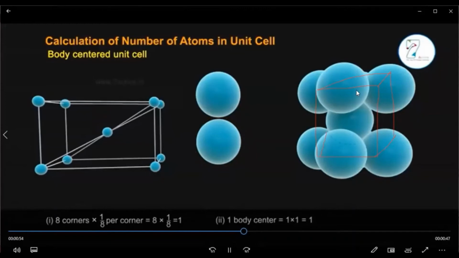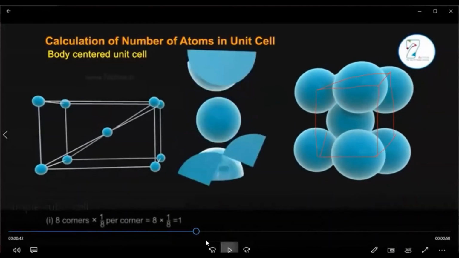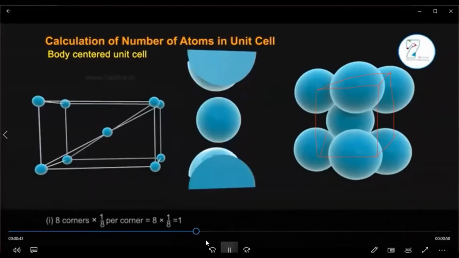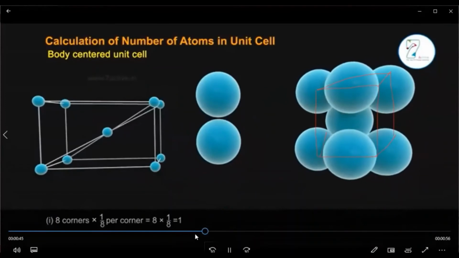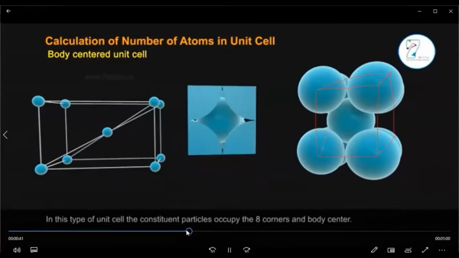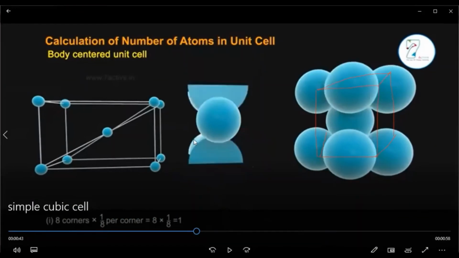And then this one, right? So in the corners there was one complete one, and you see 1, 2, 3, 4.